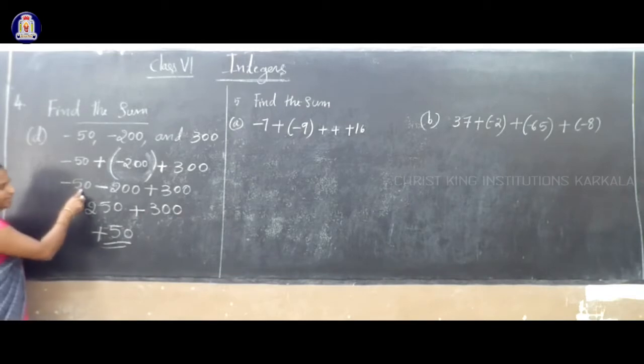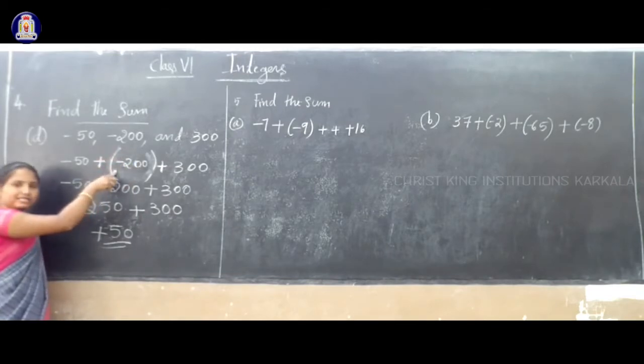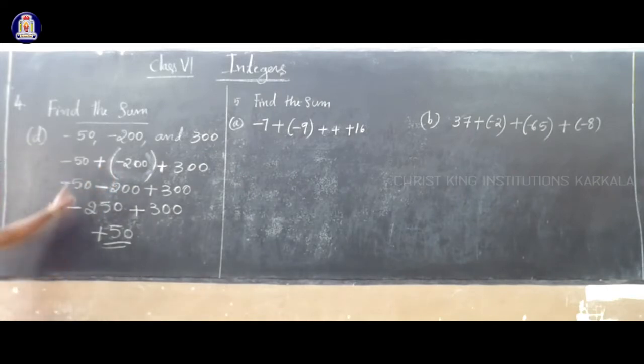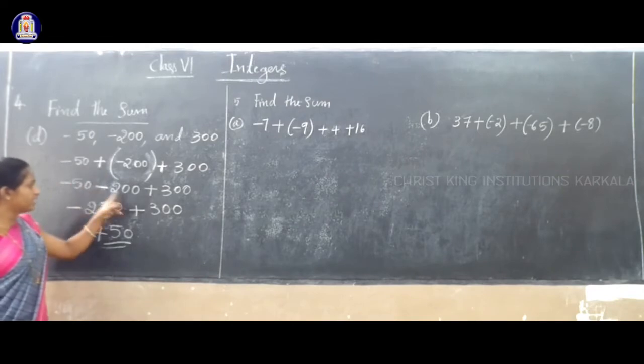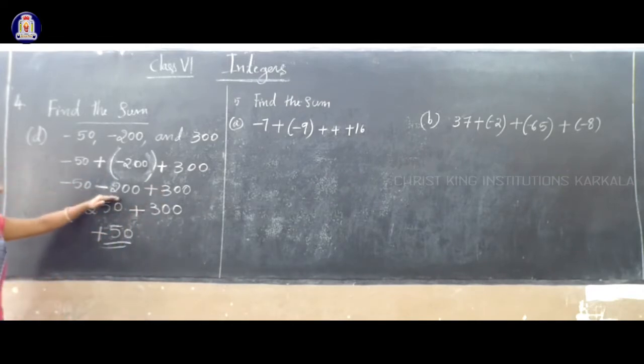Next, minus 50. How to remove this bracket? Just multiply the signs. Here, plus into minus is minus. So minus 200 plus 300. Next, 50 and 200. First you have to see the sign.